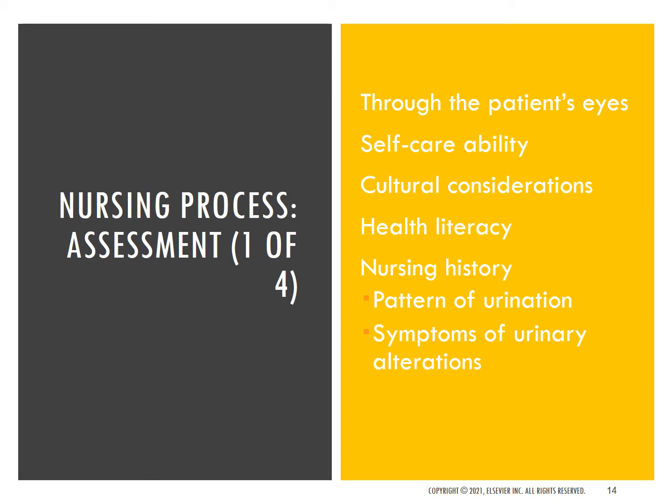Self-care ability. How much is the client able to do for themselves? Of course, remember Dorothea Orem's theory, only do for the patient what they can't do for themselves. If they're able to perform certain skills and abilities, then we let them. If it's altered, we help them.